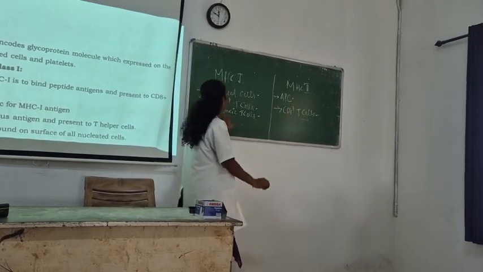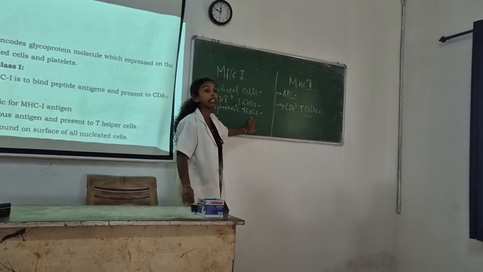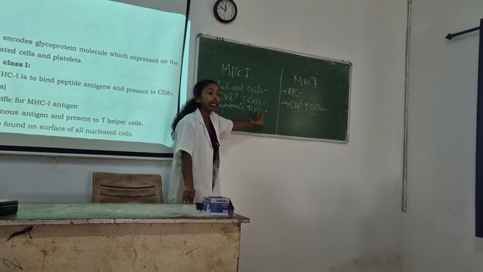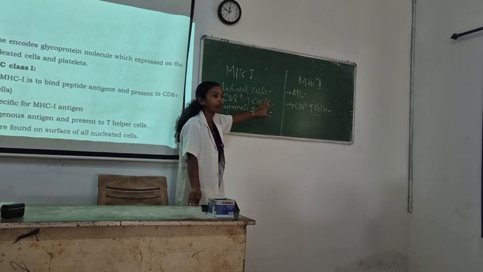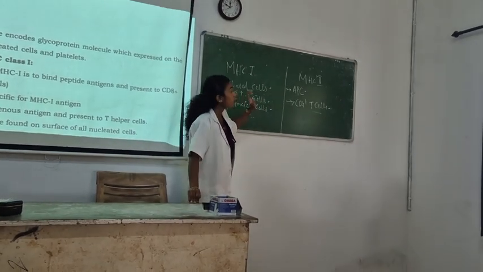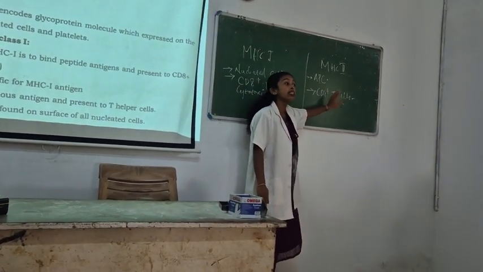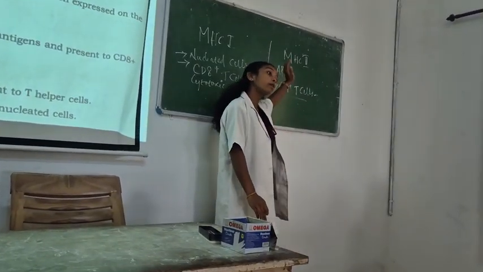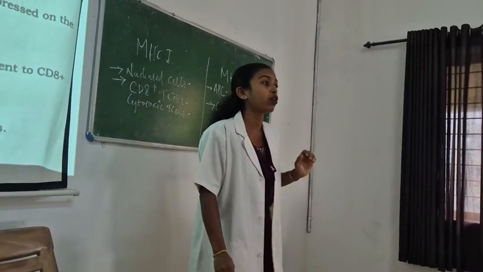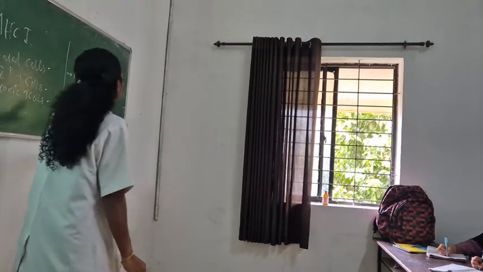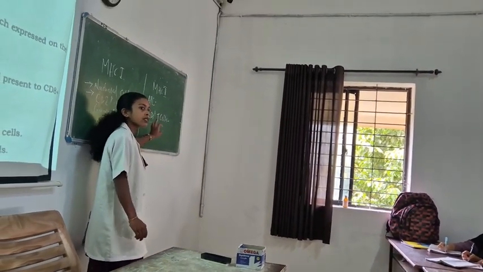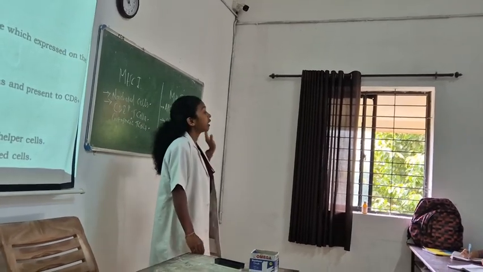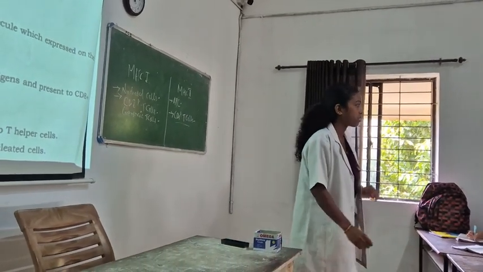CD8 T cells, or cytotoxic cells, will release cytotoxins and kill the antigen immediately at the point where cytotoxins are released. But CD4 T cells will inform B cells that there is an invader in our body and destroy it by informing the B cells. B cells will produce plasma cells and from plasma cells they will release antibodies.